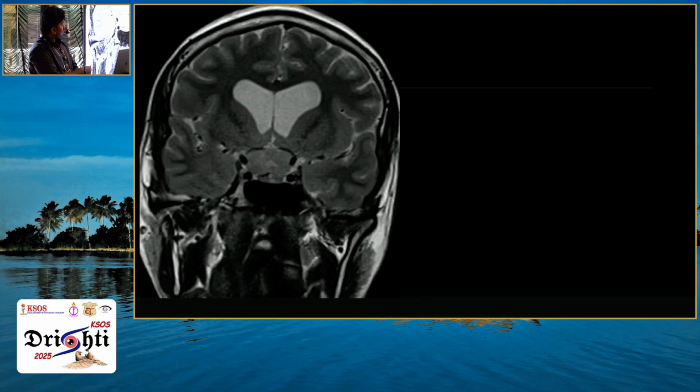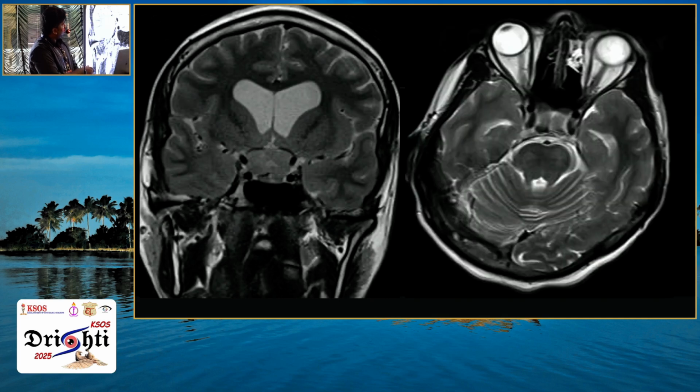So the optic chiasma itself is not seen, and on axial images also you can appreciate the X-shaped chiasma, which is not appearing normal but is swollen. This is a case of optochiasmatic glioma involving the intracranial courses of the optic nerves and chiasma, and also the optic tracts.